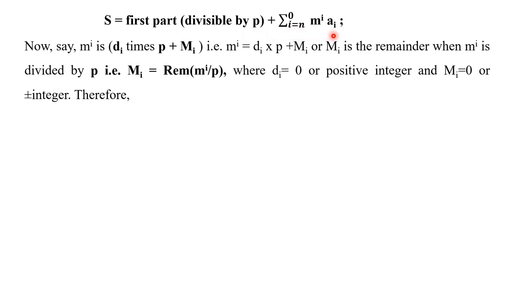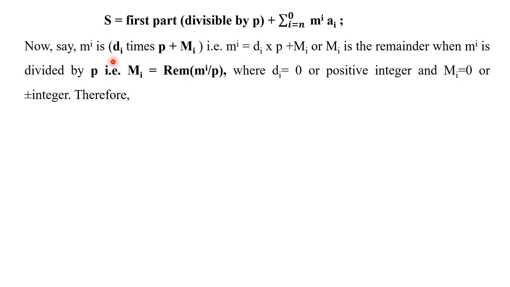Okay. So we are very close to our solution. Again we have to play a trick. Suppose that this m to the power i, whatever it is, if you try to divide it by p, you will get d_i with some remainder, maybe m_i.